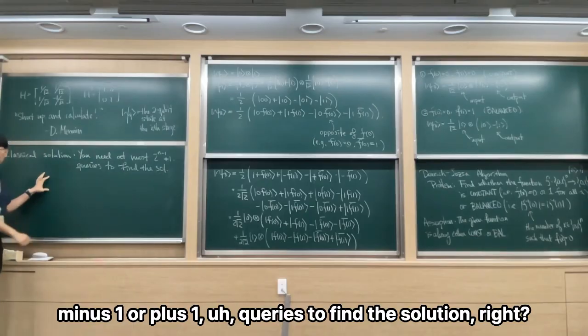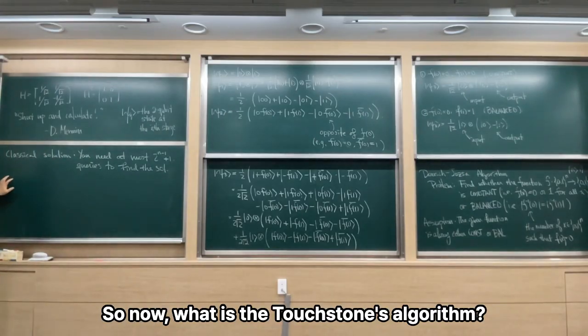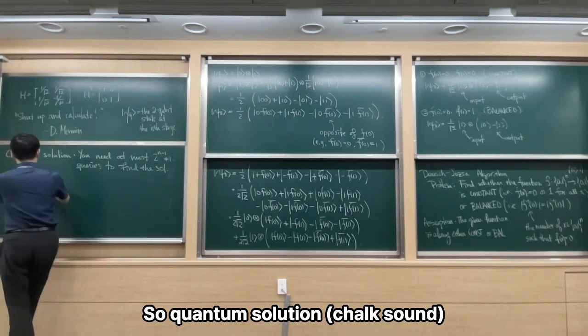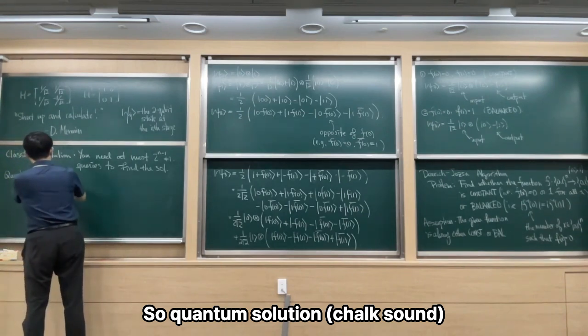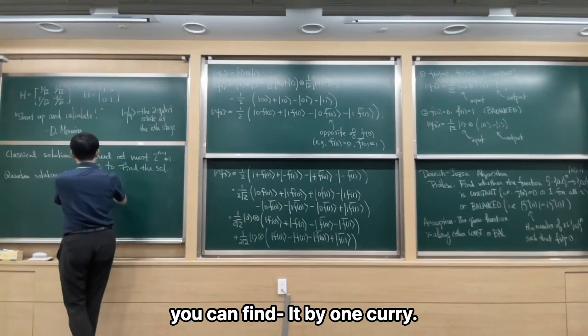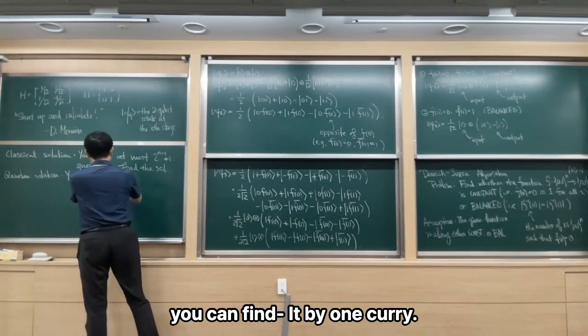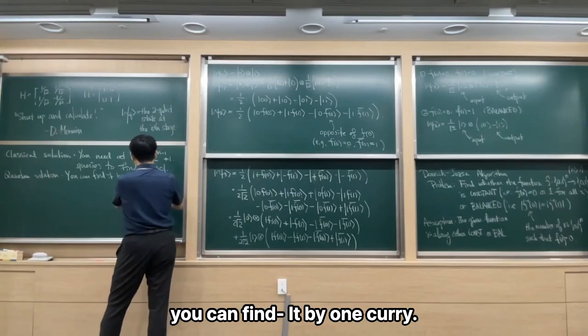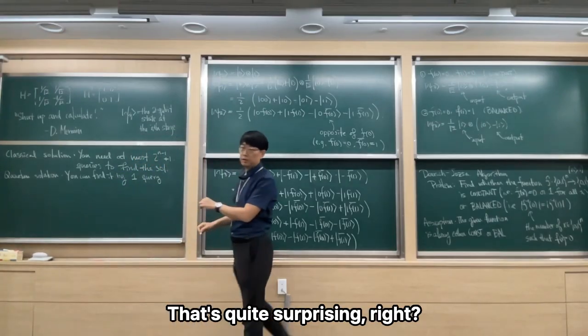All right? So now, what is the Deutsch-Jozsa algorithm? The quantum solution: you can find it by one query. That's quite surprising, right?